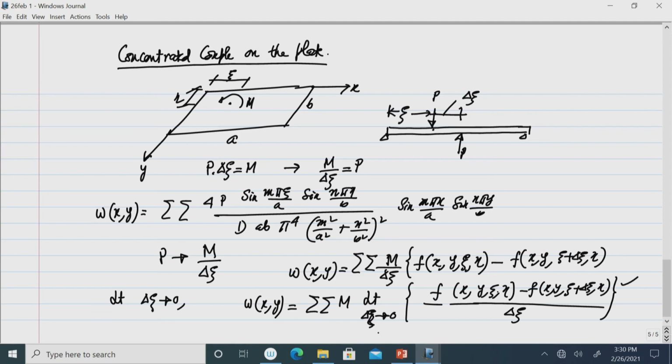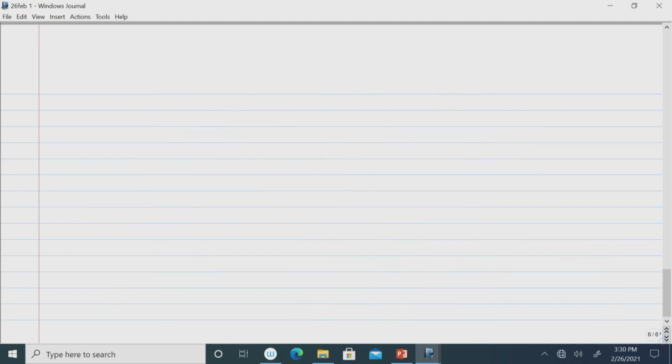So, that means the expression derived for the concentrated moment is due to a limiting process of the expression derived earlier for the concentrated load. So, now W(x,y) can be written as A M df/d xi.